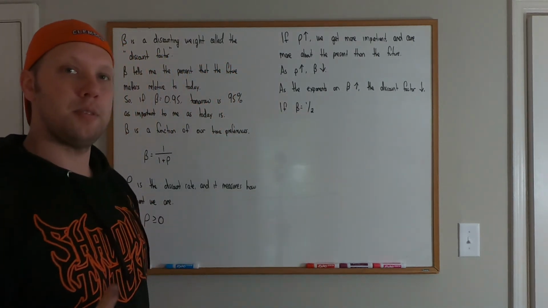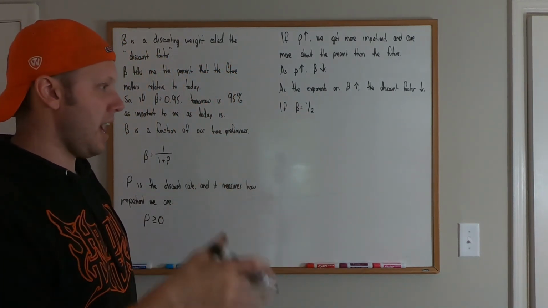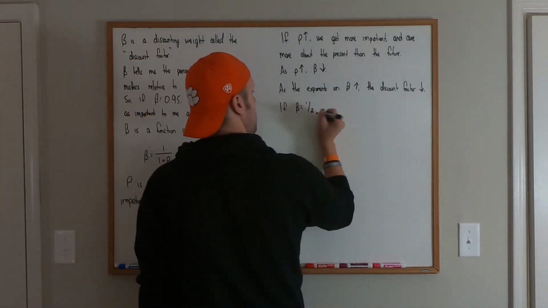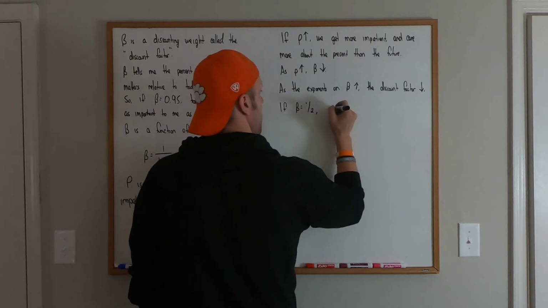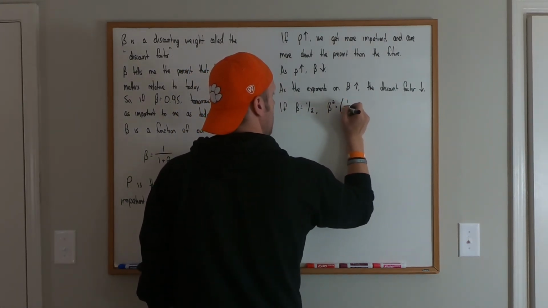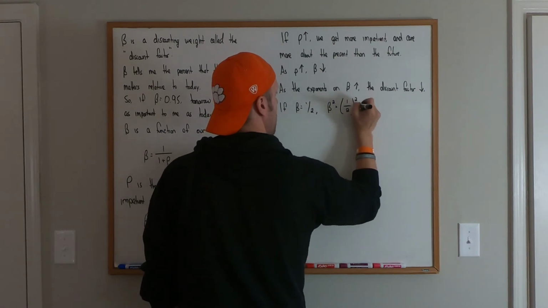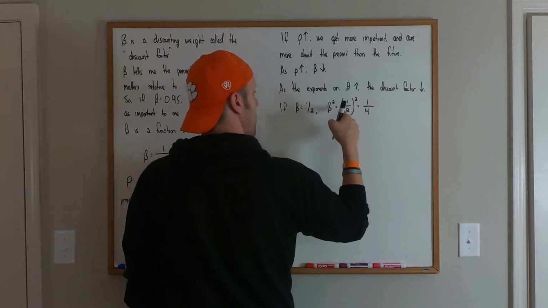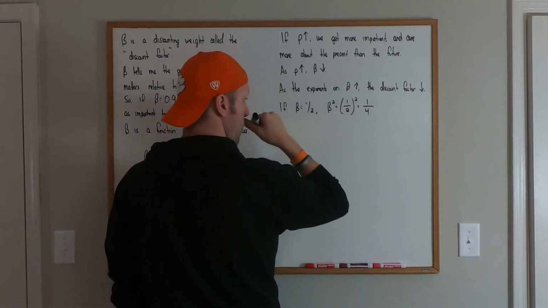Beta is equal to 0.5. So tomorrow matters exactly half as much as today matters. Beta squared equals 1/2 squared. What's that equal to? Well, you square the numerator, square the denominator, you get 1/4.